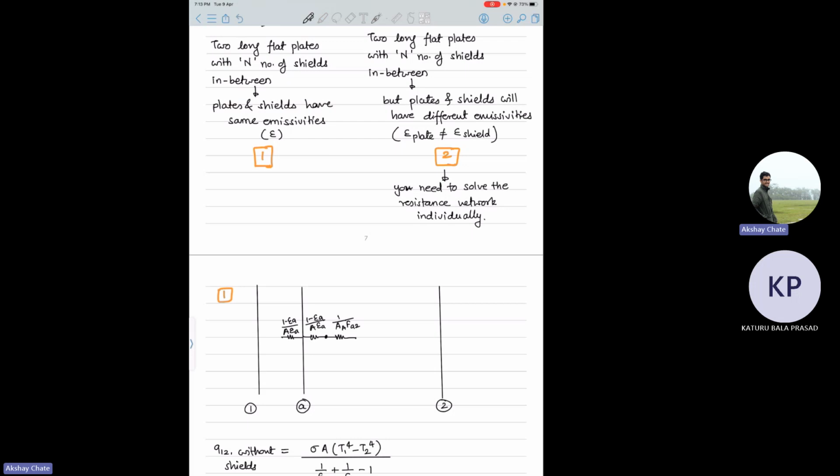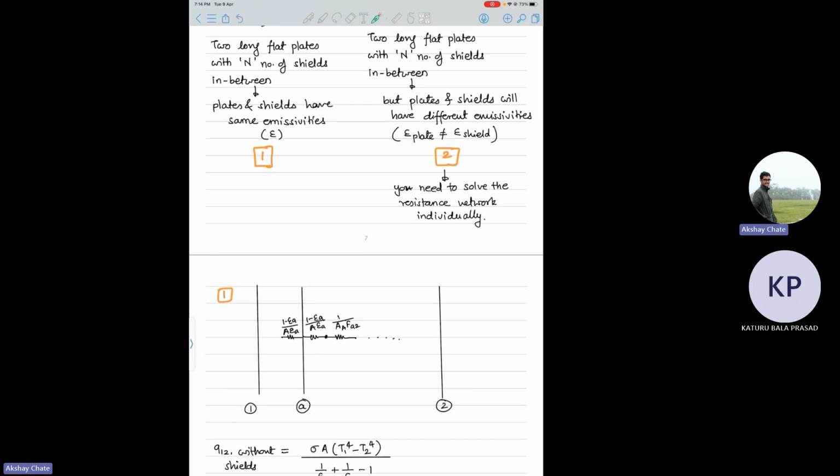In some problems, what happens? They say that this emissivity and this emissivity. So basically, the plate emissivities are same, but the emissivities of all the shields that will be in between, they are also same, but not same as the plates. So, for example, epsilon 1 and epsilon 2 will be equal to 0.5, but for the shields, all emissivities will be 0.7, something like that.